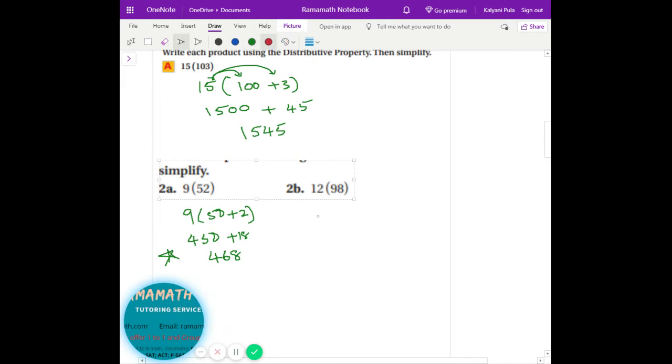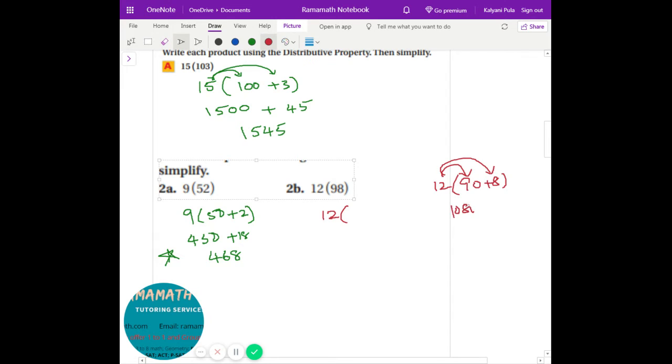Sri, next one. How did you do this one? So first I broke up 98 into 90 and 8. That's right. And then I used the distributive property and multiplied 12 into 90, which would get 1080.